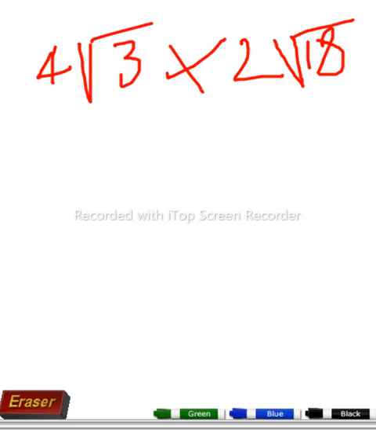So this is not yet simplified. Let us make the same root for both.